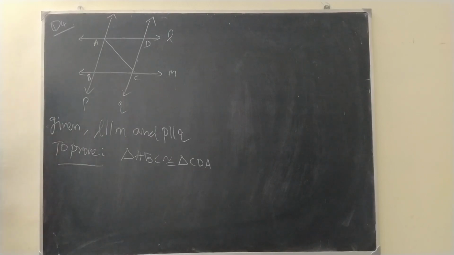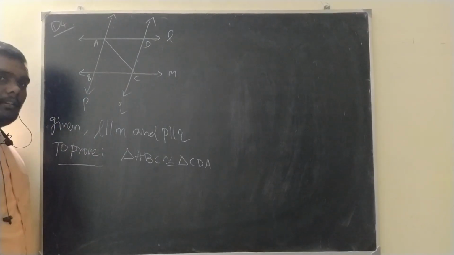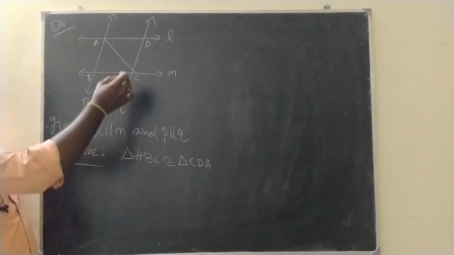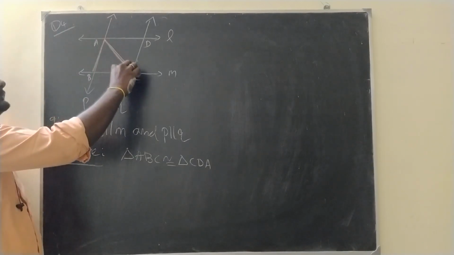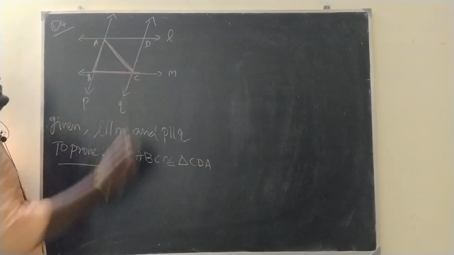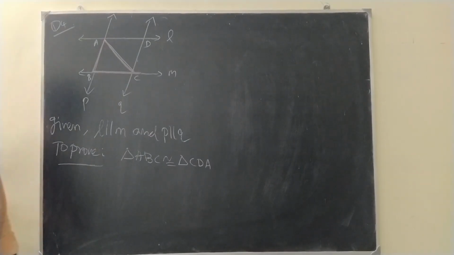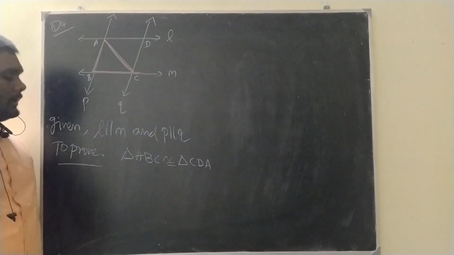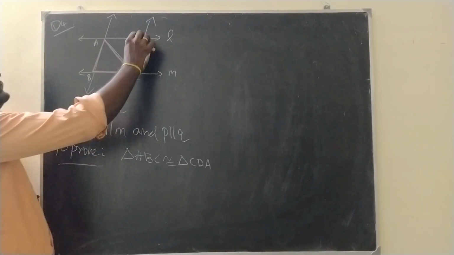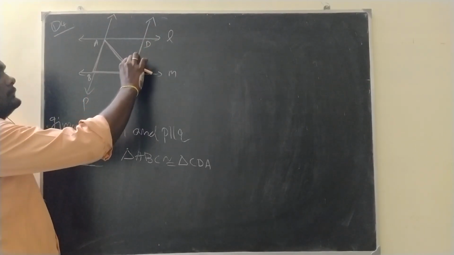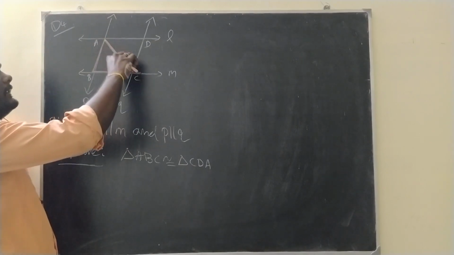As we have done already, we should differentiate these two triangles, so it is easier to observe. ABC is here, and then CDA, where is CDA? Here CDA is here.